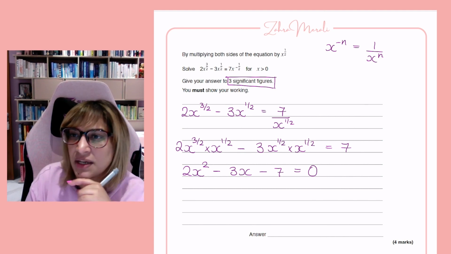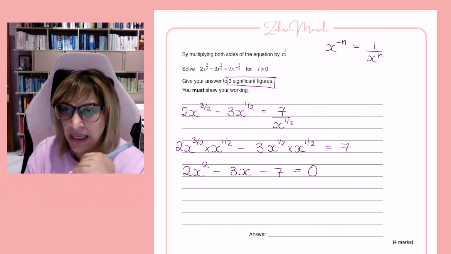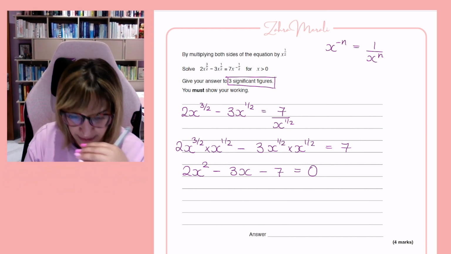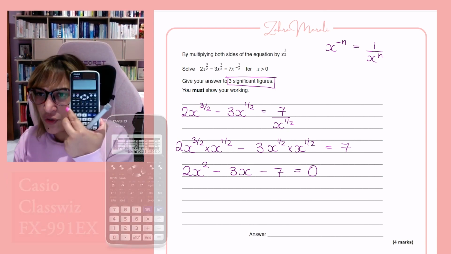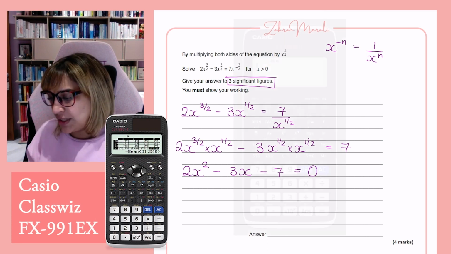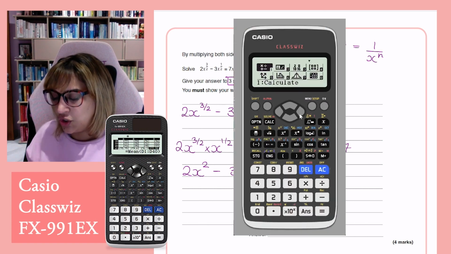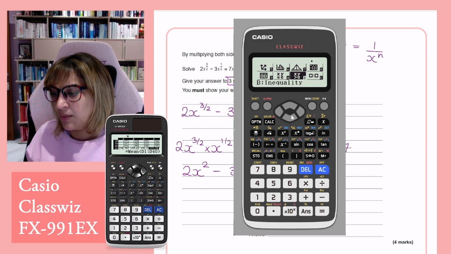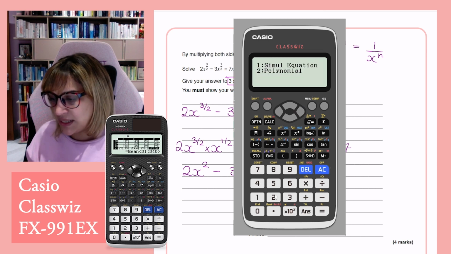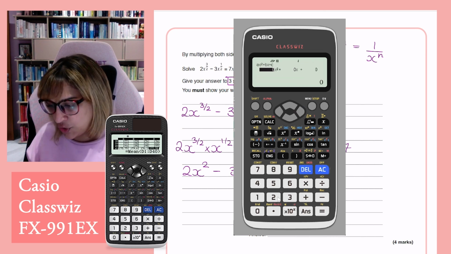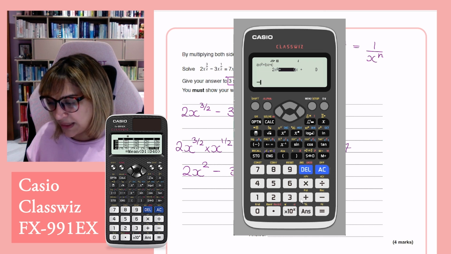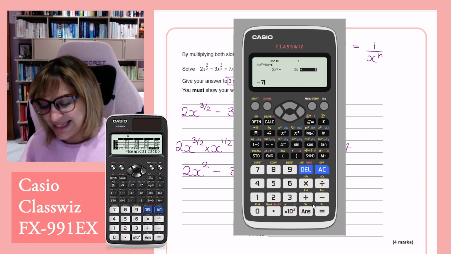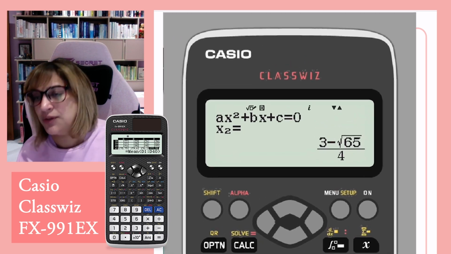The other alternative is to use completing the square. So in your calculator, if you've got the ClassWiz calculator, you can tell menu, equation function, polynomial, degree 2, and we're going to do 2 minus 3 minus 7. And it gives us our roots, and it will give us our answers.